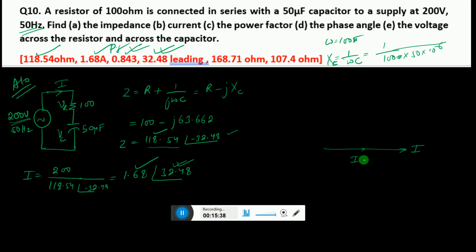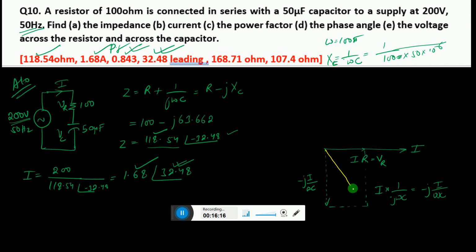So when I multiply I with R, I get the value of VR. And when I multiply I with 1 by j omega C, which is nothing but minus j, I by omega C, it will give me the negative of this value, that is minus j I by omega C. So once we have these two, we can take a phasor sum of them and get the value of the resultant.